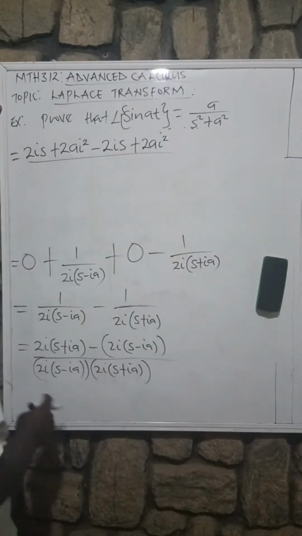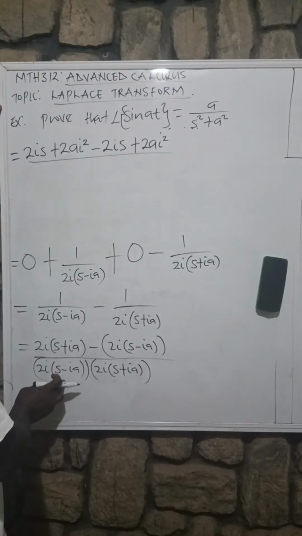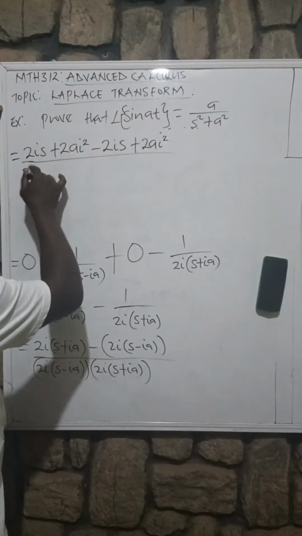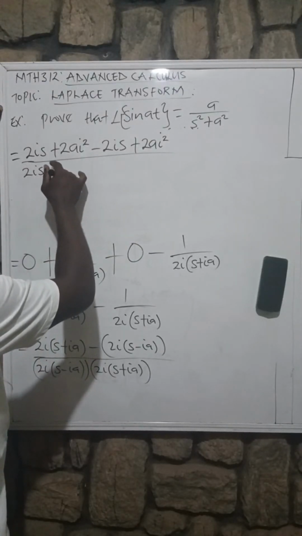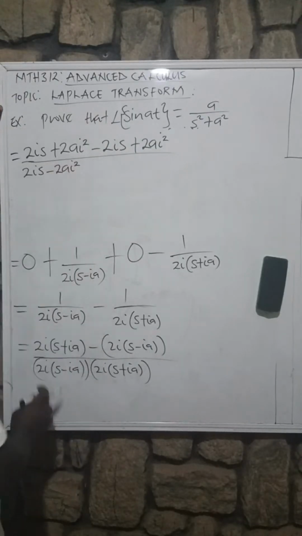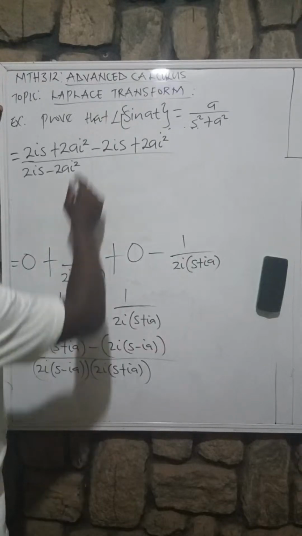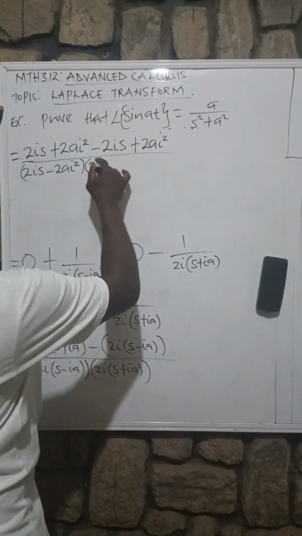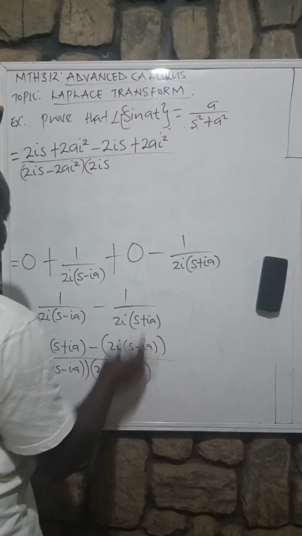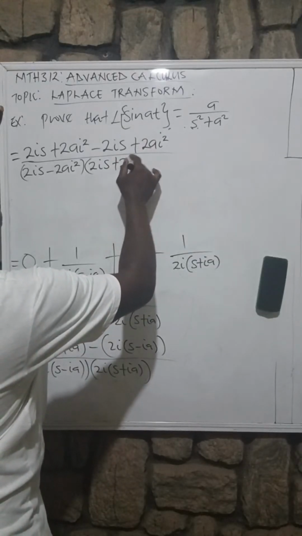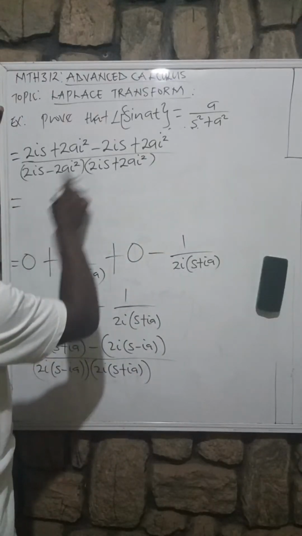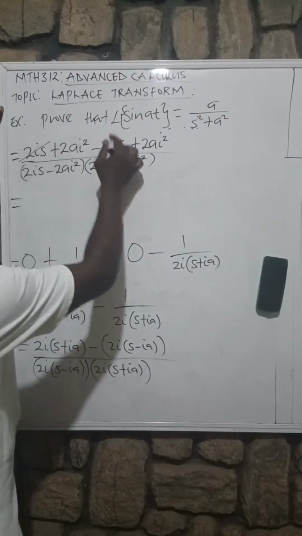Then all over, open these brackets here: this times this, 2is minus 2ai squared, right? Then times, open this bracket, 2is plus 2ai squared. So you don't need a prophet to tell you, right? This and this will go.